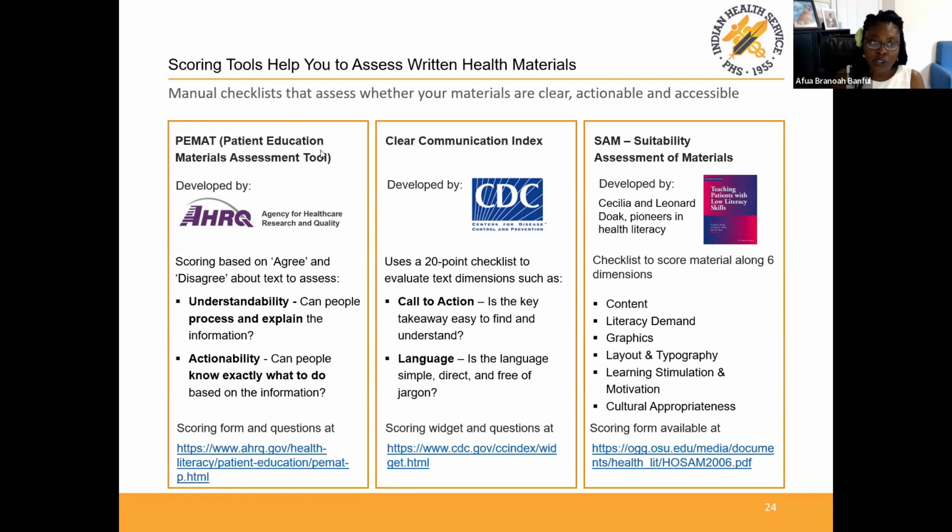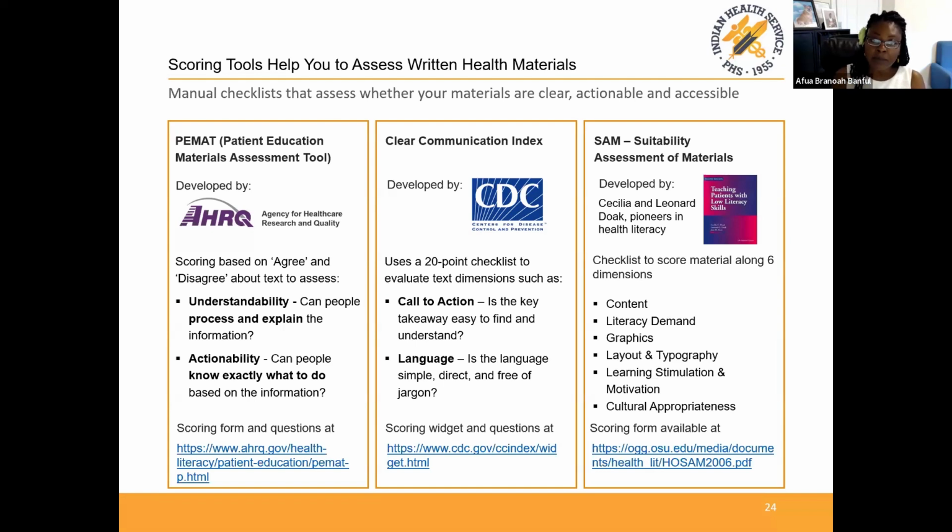So when it comes to scoring tools, think of these as manual checklists that help you assess whether your materials are clear or understandable or actionable. And the 3 top ones that at least I was aware of were these ones.